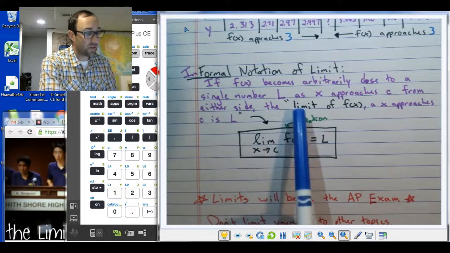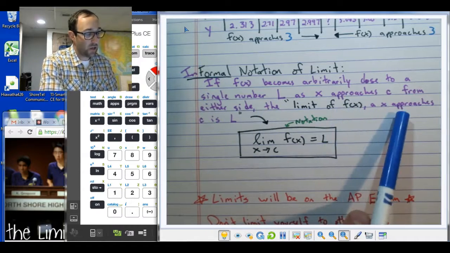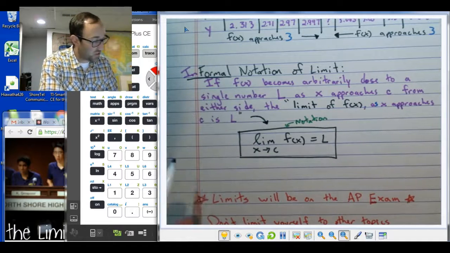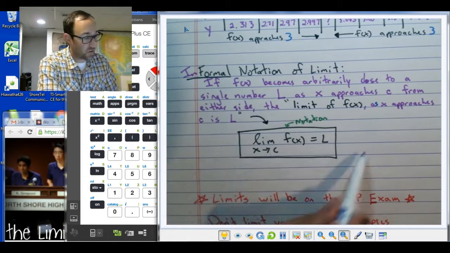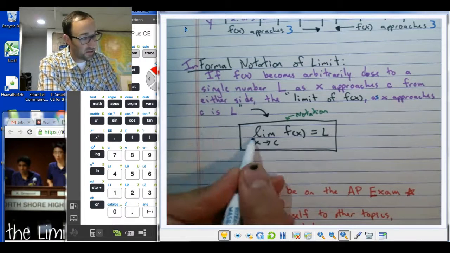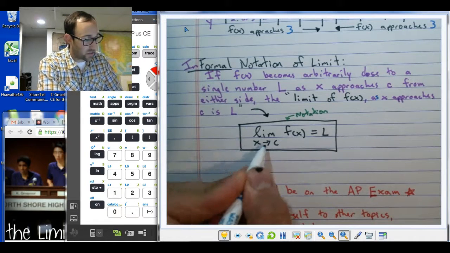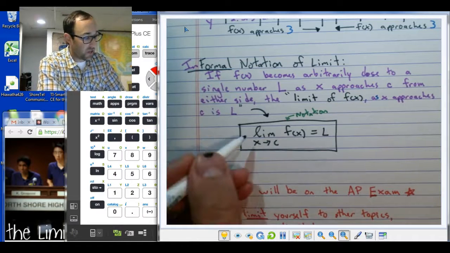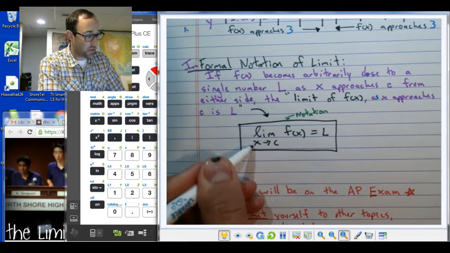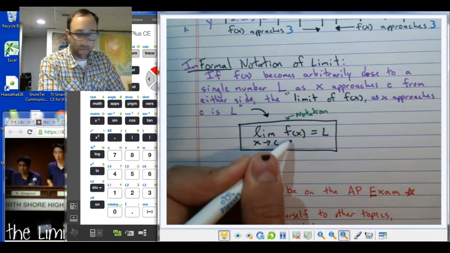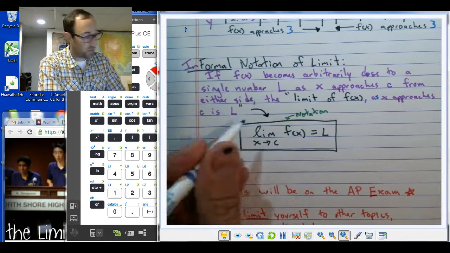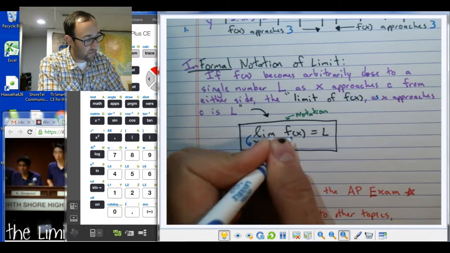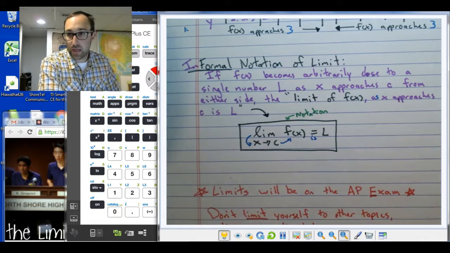And we can say that the limit of f of x as x approaches C is L. Here is your notation: lim, underneath it x arrow C, and then f of x equals L. You say it as the limit as x approaches C of f of x is L.